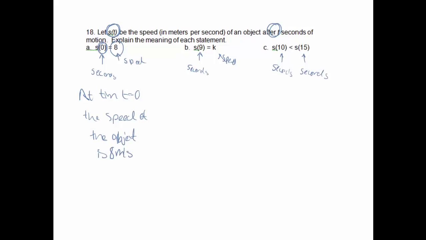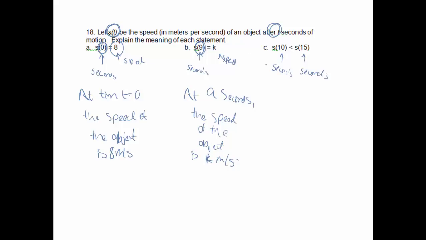Okay, if I look at this one, this would be after 9 seconds, the speed of the object is k meters per second. Even though we don't know what k is, that's okay.